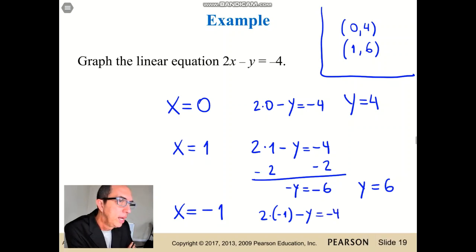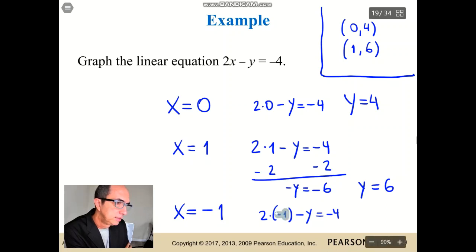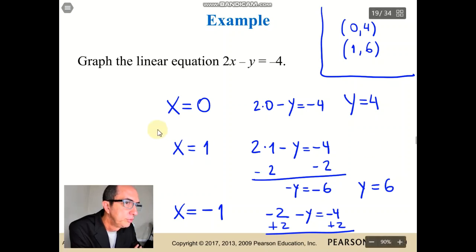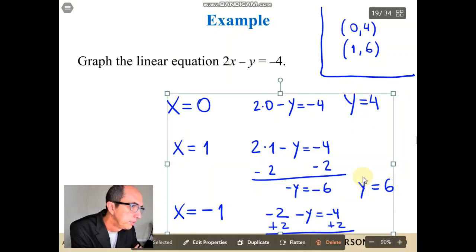We're plugging the x into the equation. The result here is going to be, well, 2 times -1 is -2, right? So we have to add 2 on both sides. If we add 2 on both sides, we're going to have, let's move this a little bit upwards so we have more space.